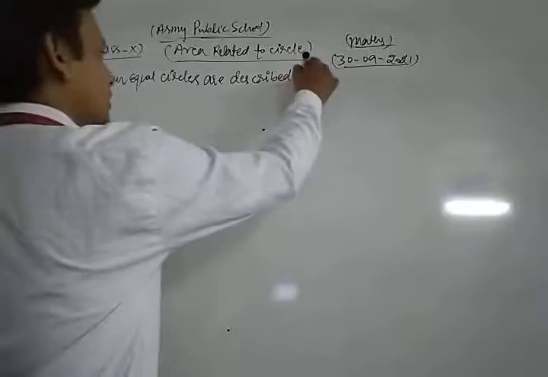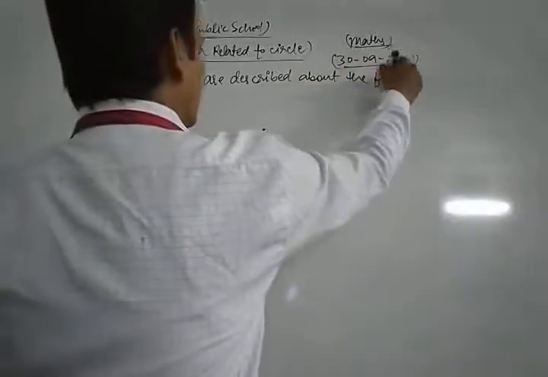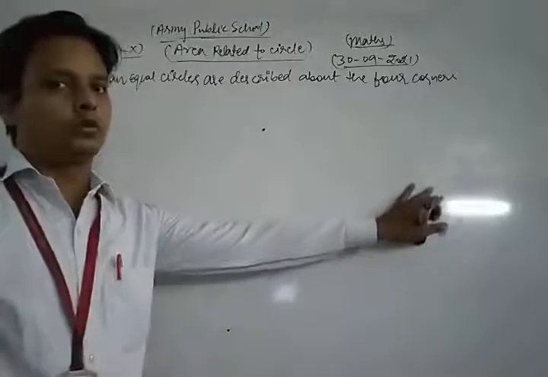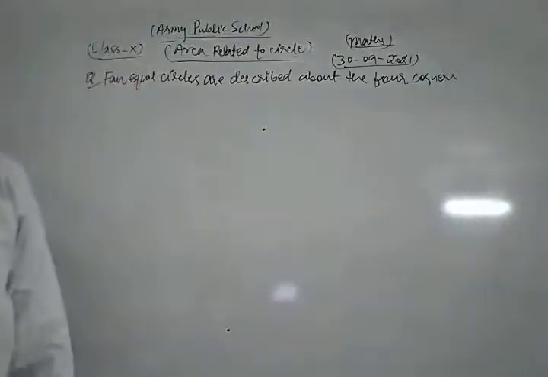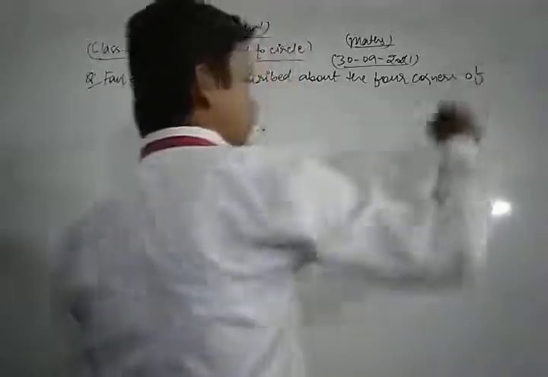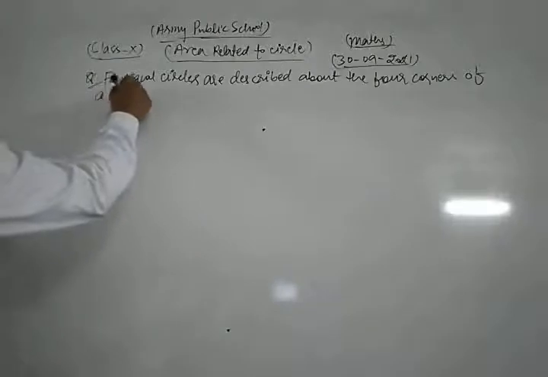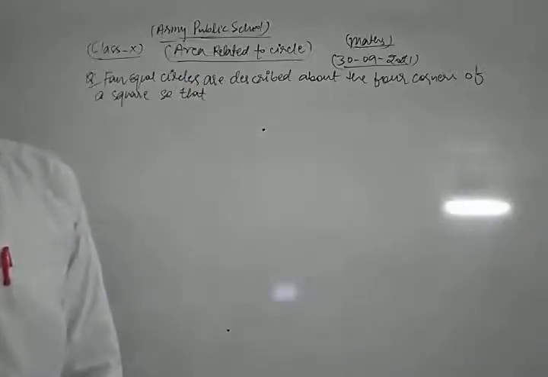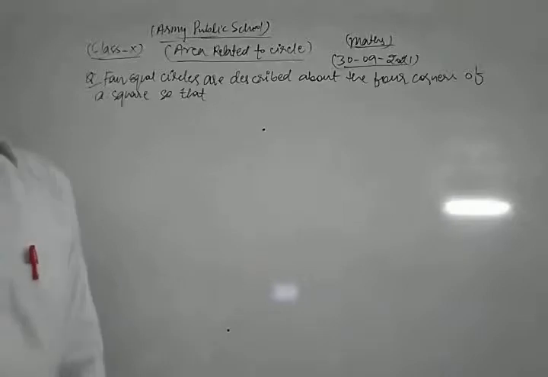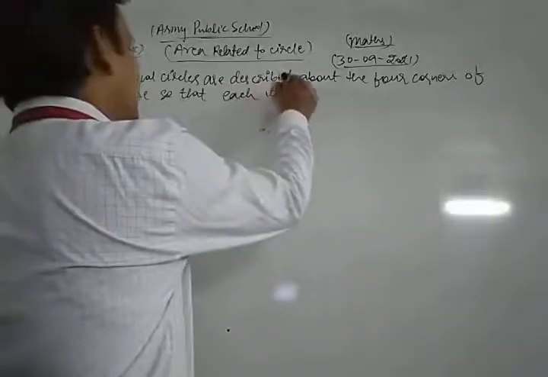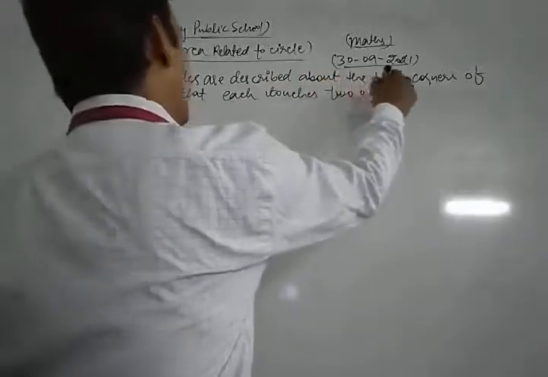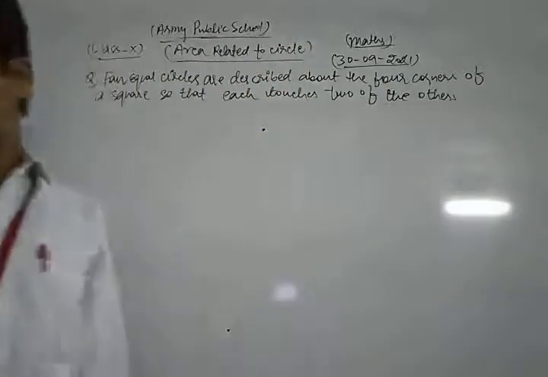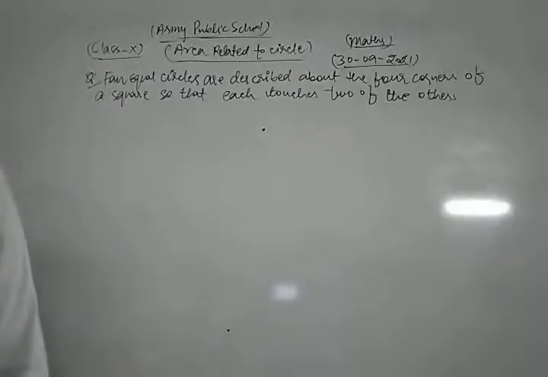about the four corners of a square, so that each touches two of the others, as shown in the given figure.